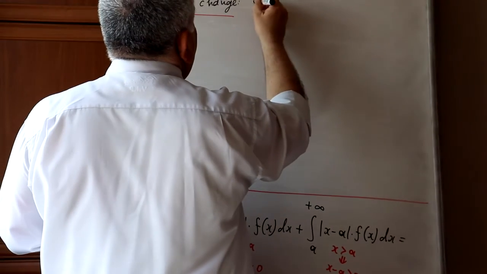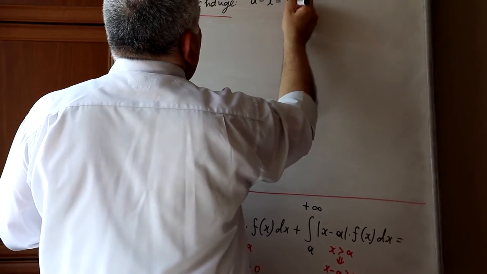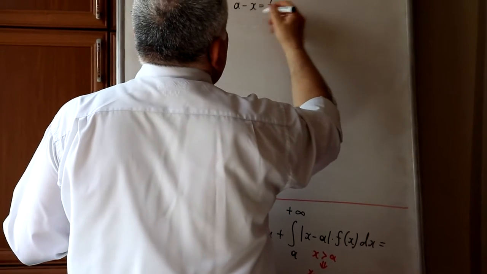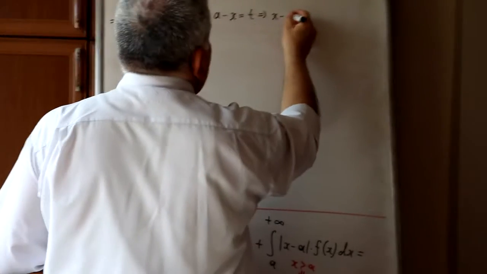A minus x is t. Then x minus a is minus t.